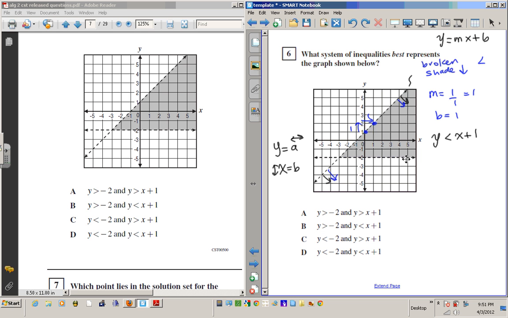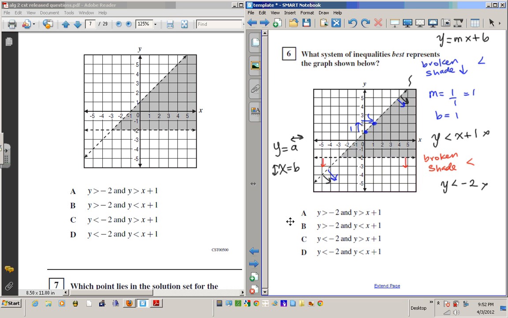This line is also broken, and we're shading down, just like the other one, so it's going to be a less than inequality. Less than means broken and shade down. If I had a solid line here, it would be different. Since this is in y equals form, this one is simply y is less than -2.